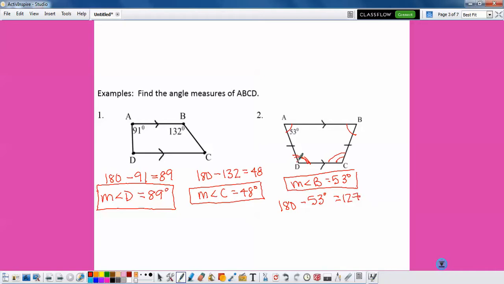And we know D and C are congruent, so the measure of angle D is going to equal the measure of angle C, and they're both going to equal 127 degrees.